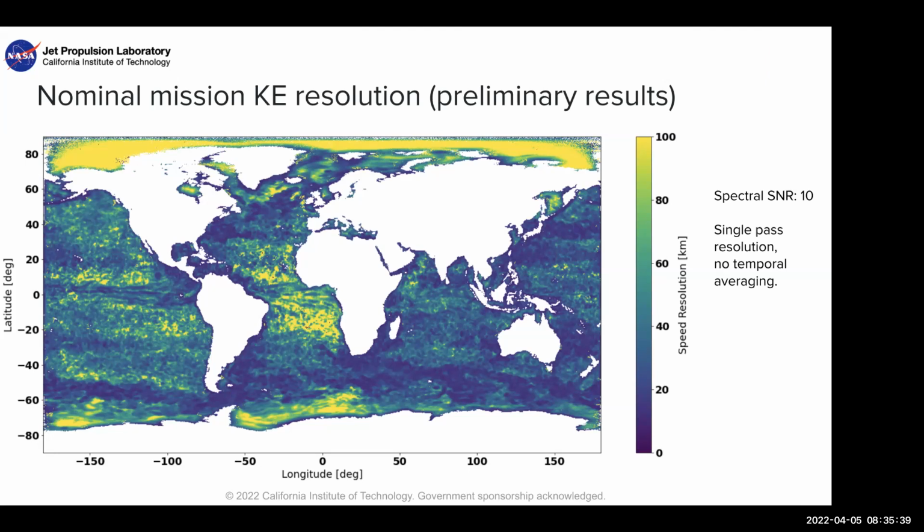Yeah, this is the criterion proposed by Dudley, Shelton and Company, where you have a spectral signal to noise ratio of 10 between the filtered signal and the filtered noise. This is a fairly conservative estimate. As I mentioned earlier, SWOT uses a ratio of 1 rather than a ratio of 10.